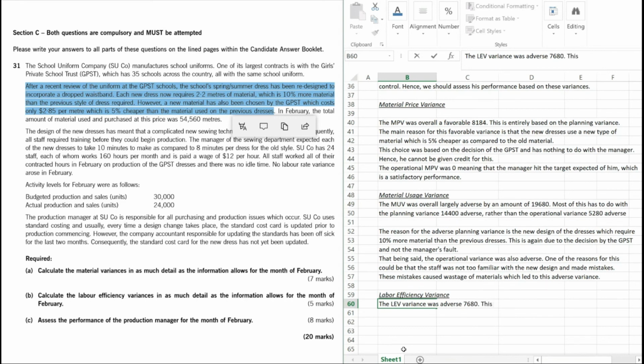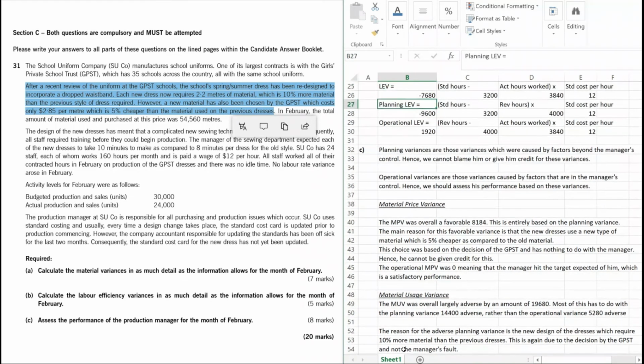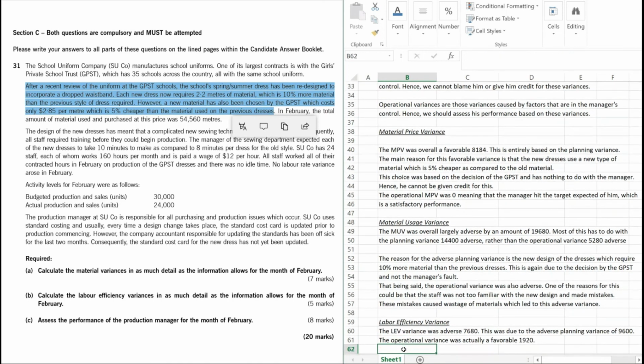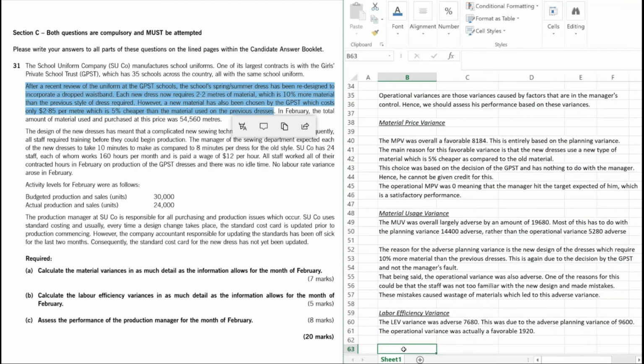This was due to the adverse planning variance of 9,600, because the operational variance was actually favorable 1,920. Okay, so now let's analyze. So what was the reason for the adverse planning variance?